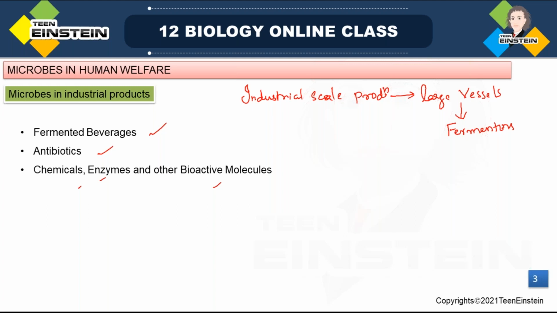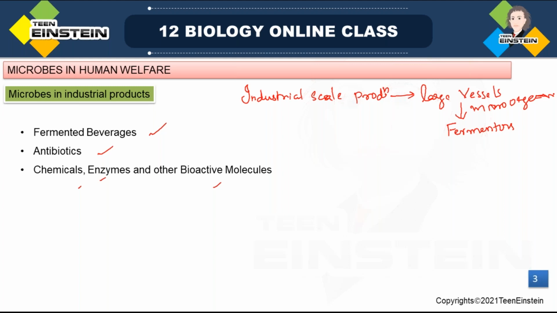Fermenters. Industrial production of these useful products for human beings requires growing of microorganism in large vessels. So microorganism can be grown in large vessels during industrial production. So that is called as fermenters.